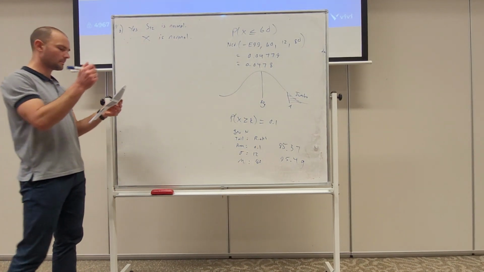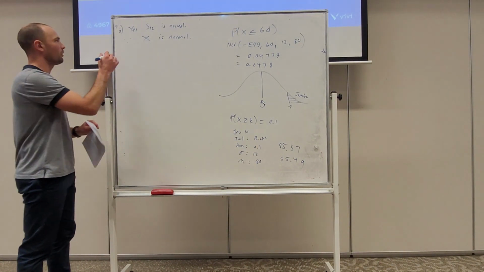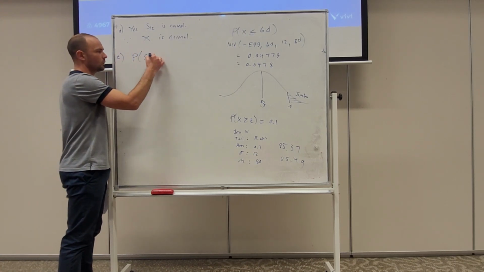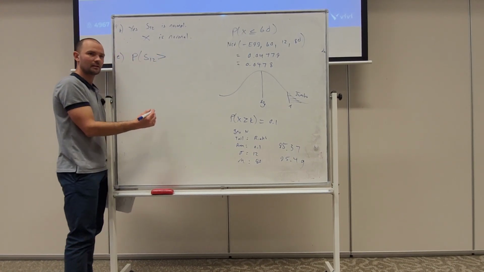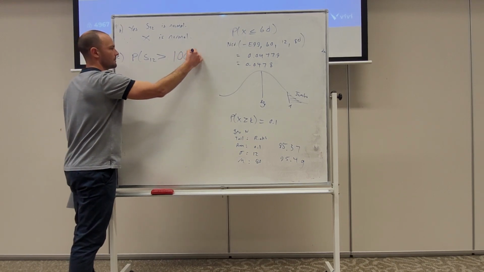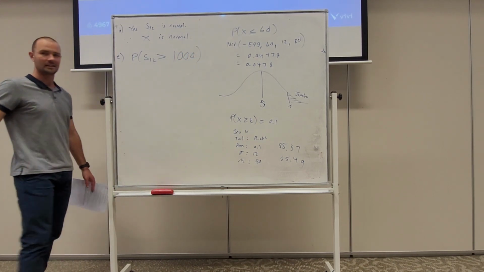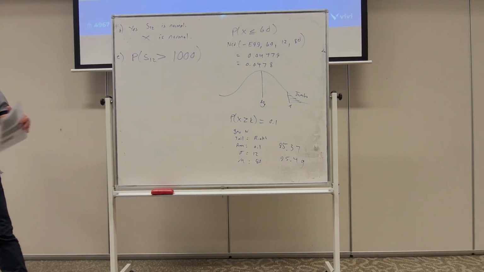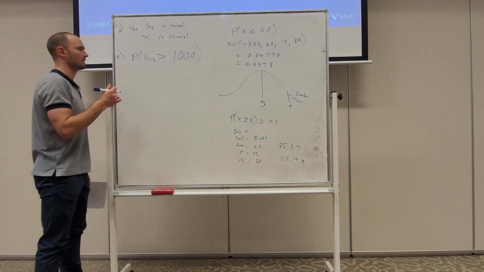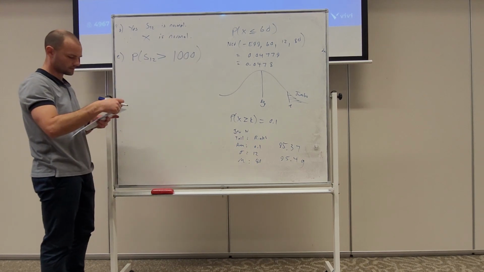E. What's the probability that a carton of eggs will weigh more than a kilo? Okay. So this is the probability of S12 being more than 1 kilogram, which is 1,000 grams. Occasionally there is the need to convert units, kilograms to grams.